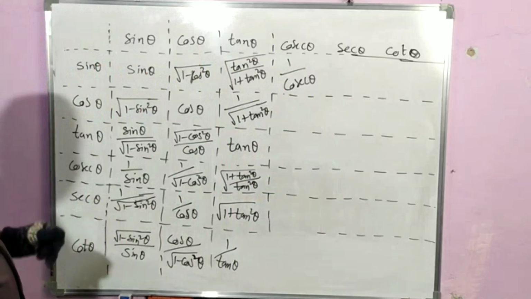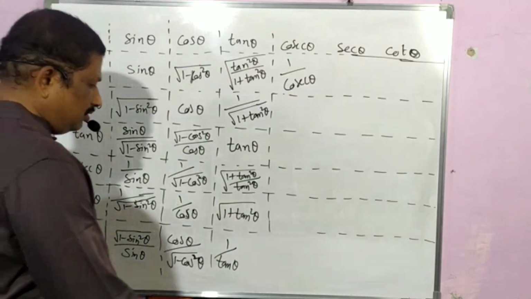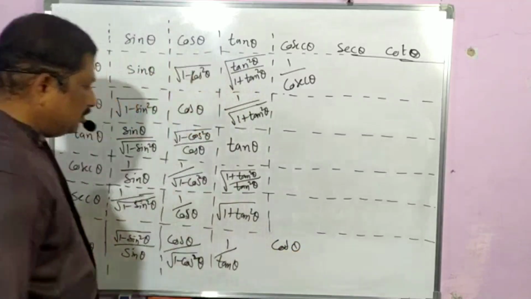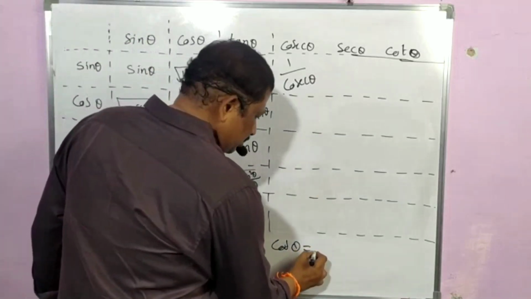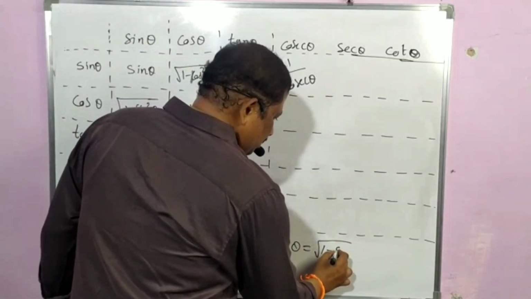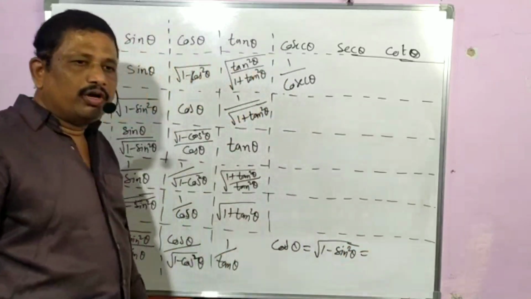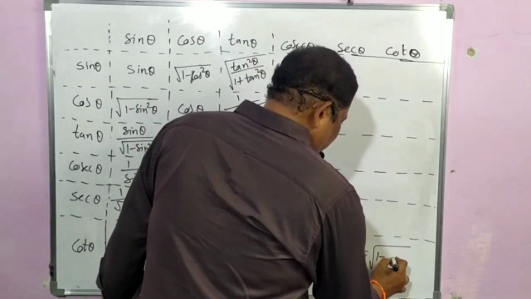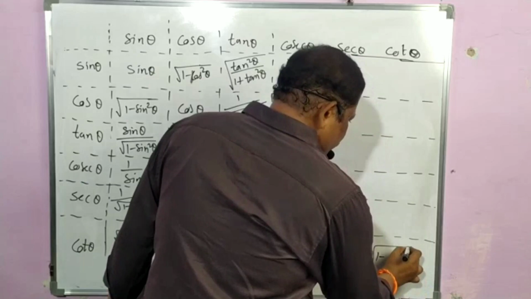Next, cos in terms of cosecant. How can we write cos theta? First we write it in terms of sine: under root 1 minus sine square theta, and sine is the reciprocal of cosecant, so we can write under root 1 minus 1 by cosecant square theta.